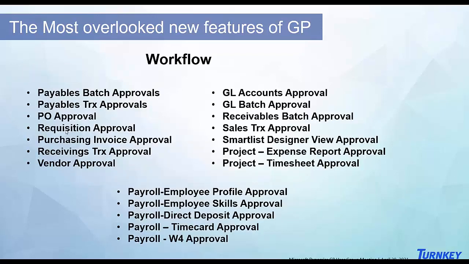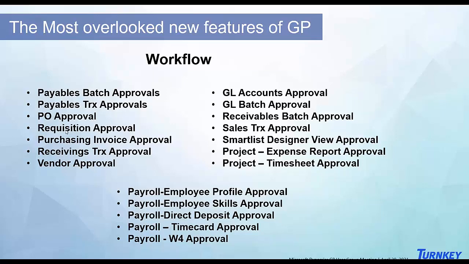So workflow in GP. Workflow is basically just automating your approval processes through using the workflow within GP. So here is a list of all the different types of transactions that we can set up workflow to allow approvals for. So payables batch approvals. So that is both invoice batches and check batches.